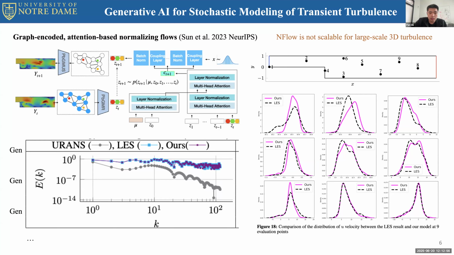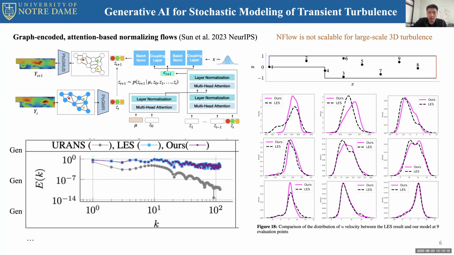However, this model uses a normalizing flow-based probabilistic model to learn the distribution. As you may know, normalizing flows typically have to compute the Jacobian matrices, which is very time and memory consuming.